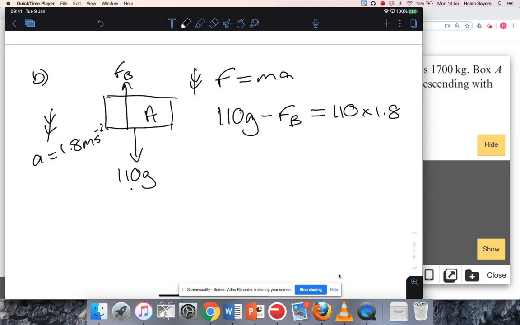Okay, so 110 g is 1078, and then if I minus 110 times 1.8, so minus 198, and if I add that force due to B over the other side, then I get 880 newtons. So that's the force on box A due to box B.